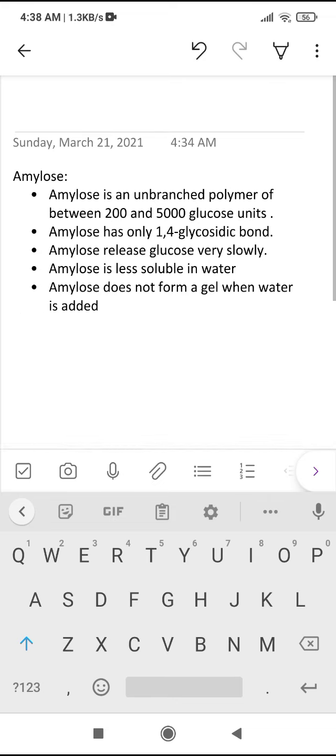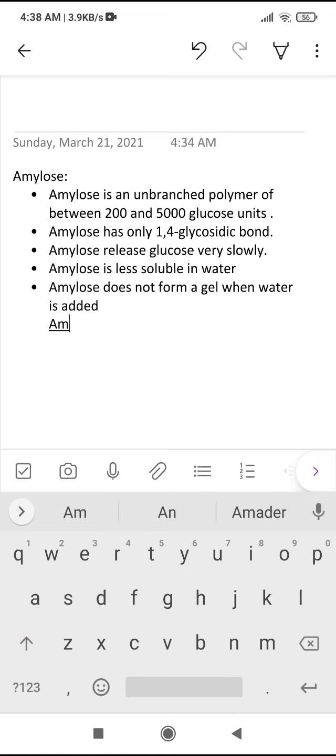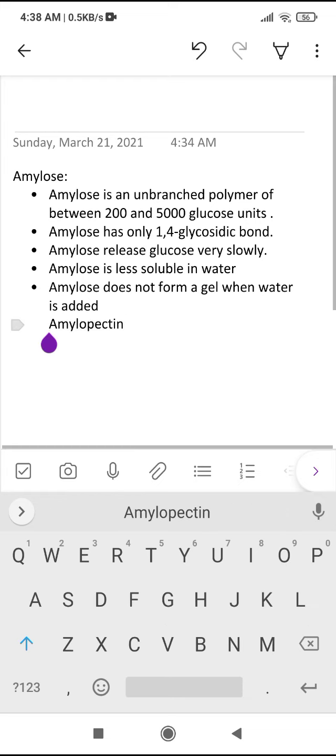Now we are going to learn about the amylopectin. Information regarding amylopectin.